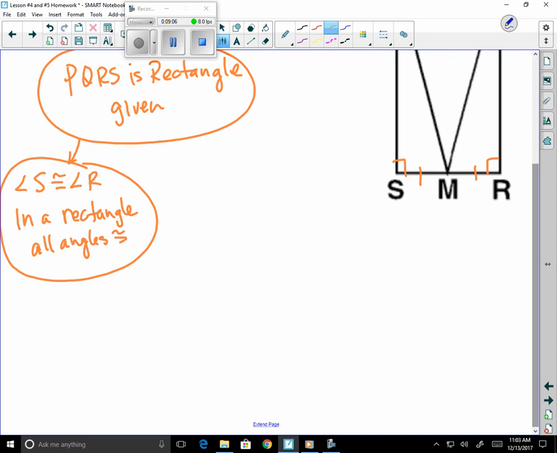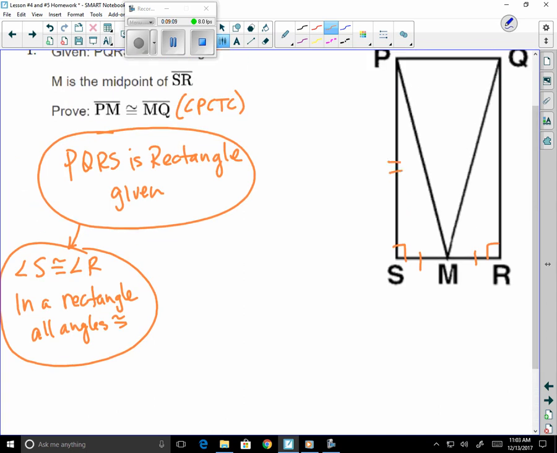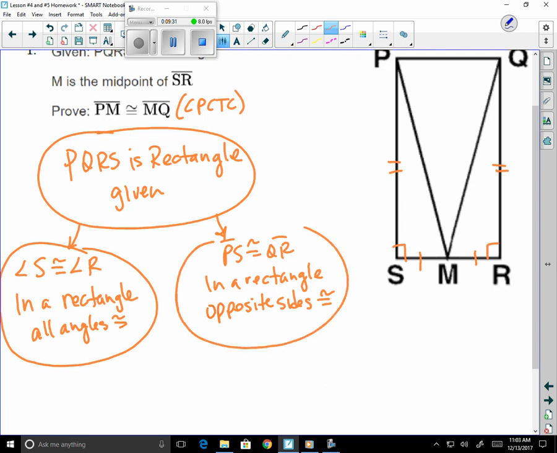The other thing I know about rectangles is because they're parallelograms, the opposite sides are congruent. So I can say PS is congruent to QR because in a rectangle, opposite sides are congruent. The other given says that M is the midpoint of SR. So I got to use that given too.